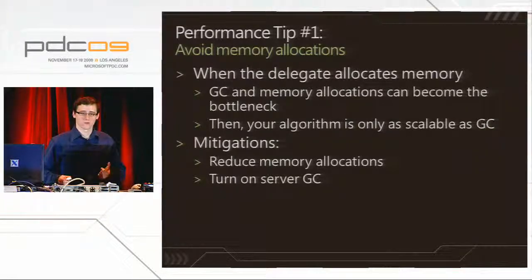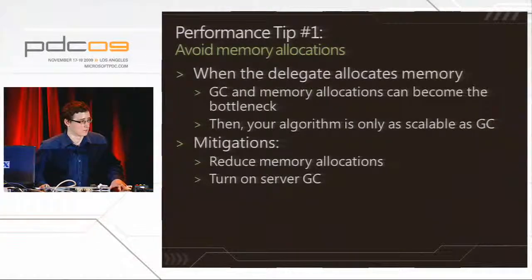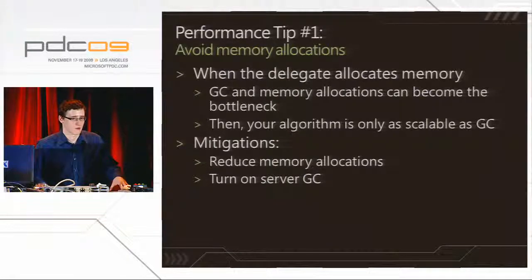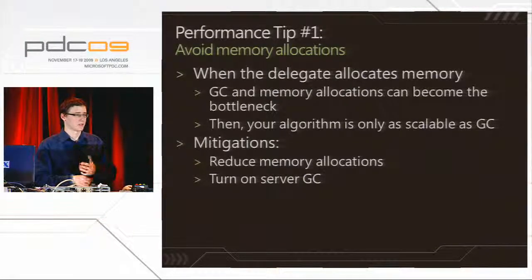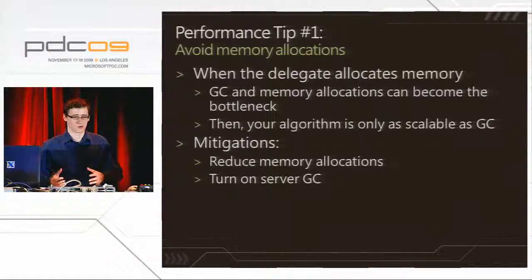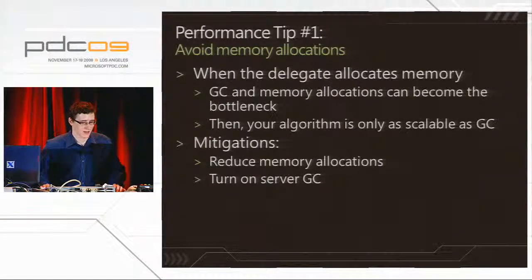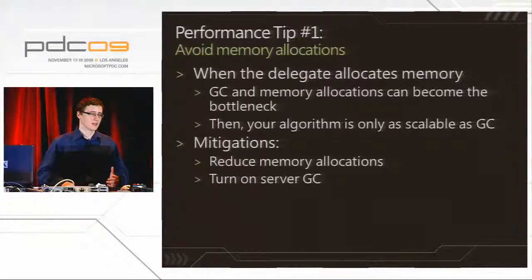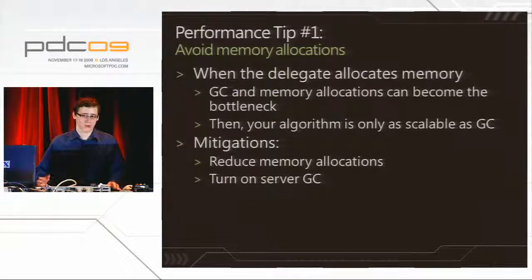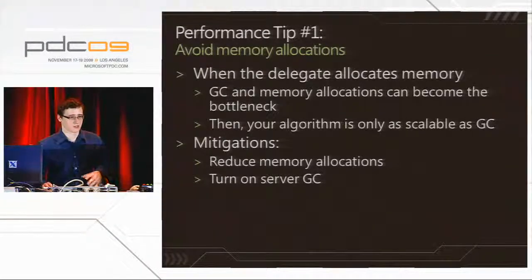The first common issue that people run into is when somebody wrote parallel code, a multi-core application, and it is not scaling. One of the common reasons why it is not scaling has to do with memory allocations. It's easy to write code where the memory allocations and GC are by far the dominating factor in the execution.